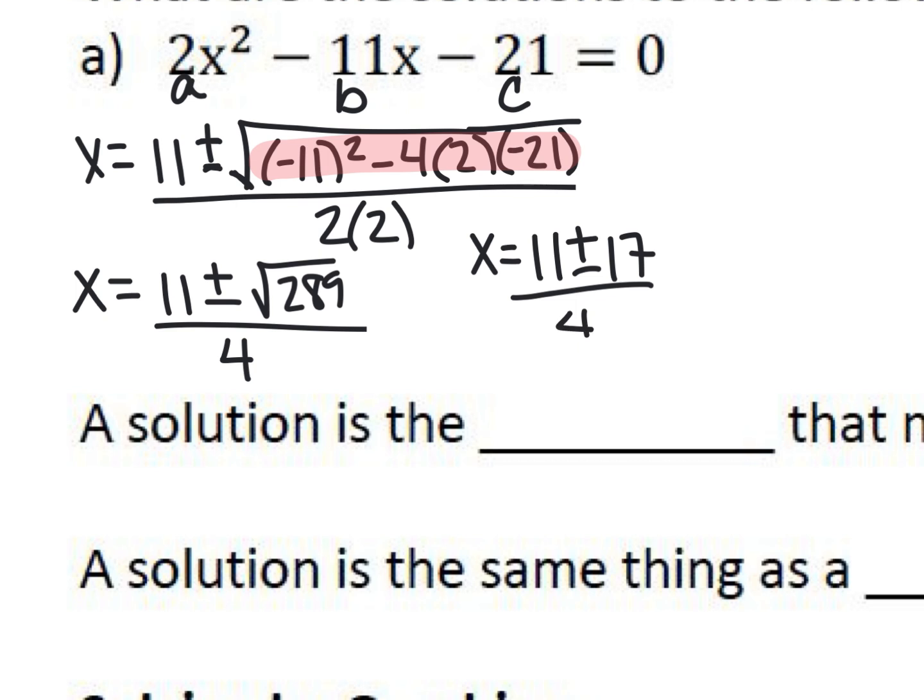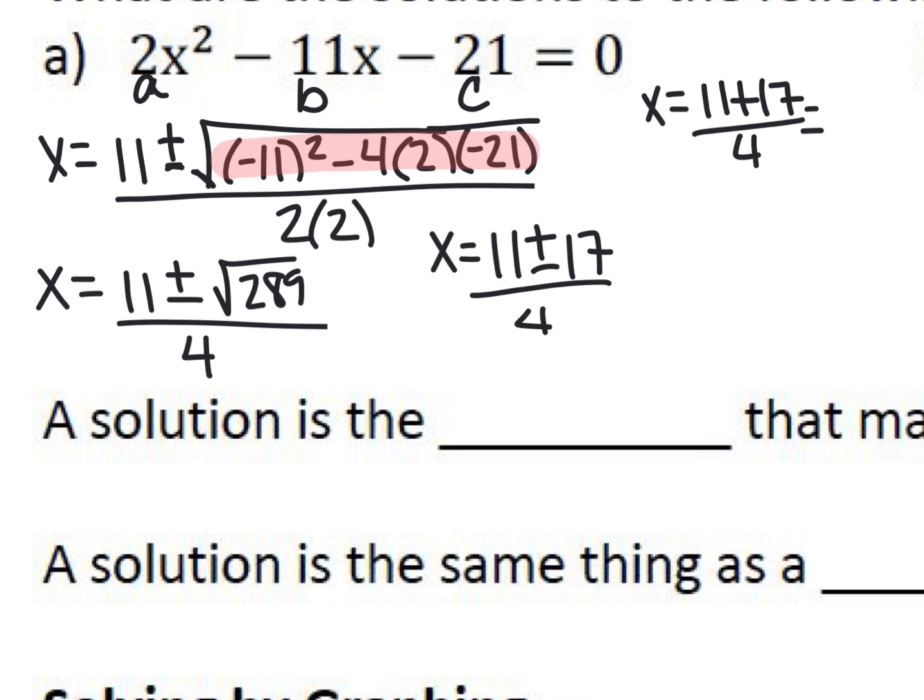Now remember, this is 2 different problems for you, right? This is 11 plus 17, which is 28 over 4. What about 28 over 4? What do we get there? 28 over 4, we get 7. And this is also 11 minus 17. 11 minus 17 is a negative 6.